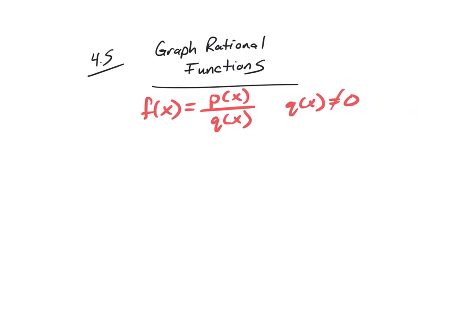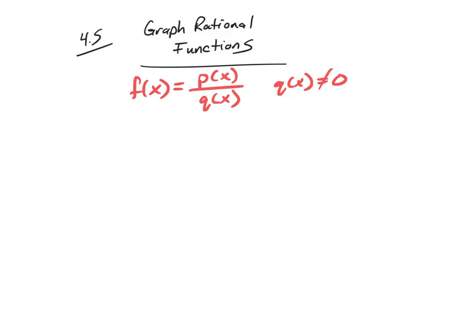There are three things that we look for when doing a rational function. Okay, the first one is what we call the vertical asymptote. And we're going to be doing this a lot today.